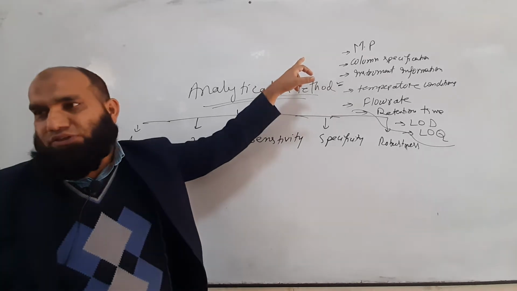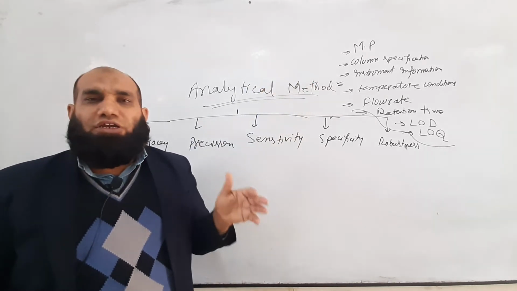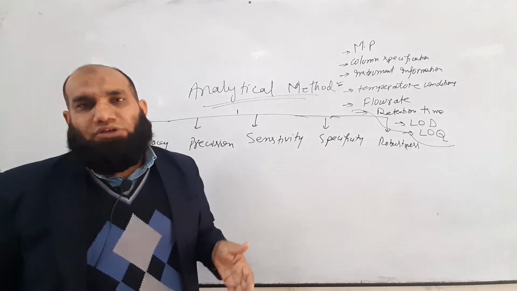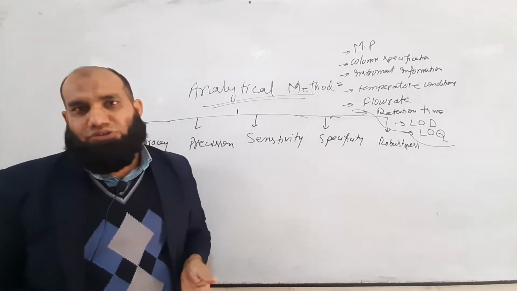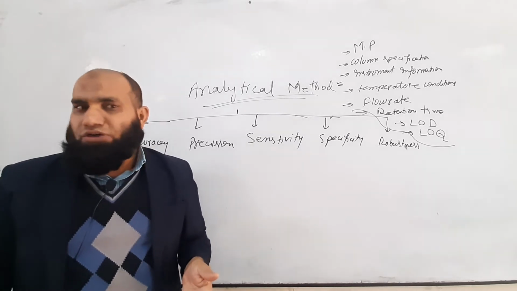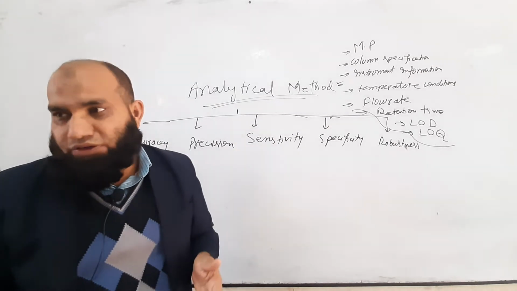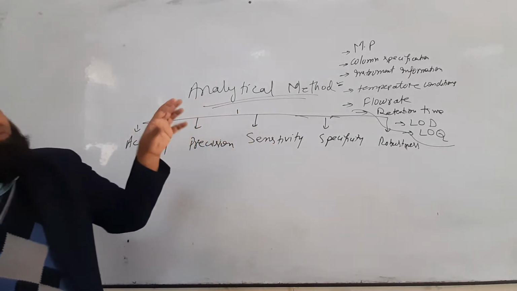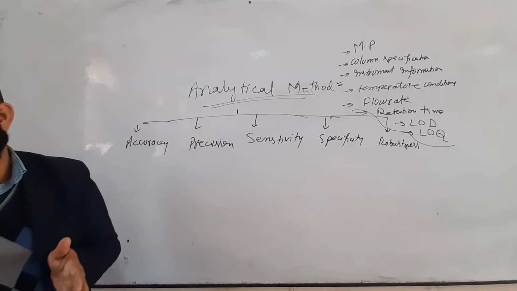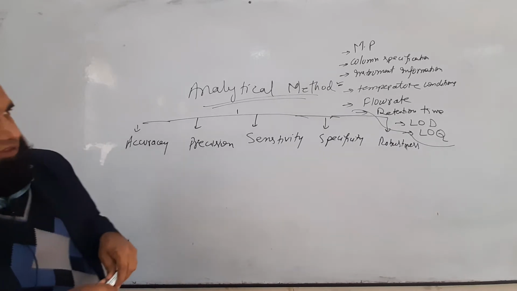Mobile phase is basically a mixture of organic and aqueous solutions. It may be a buffer with methanol and acetonitrile, or water, methanol and acetonitrile, in different ratios of the organic and inorganic substances.